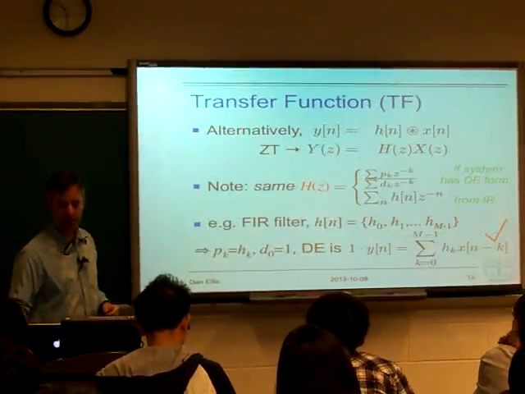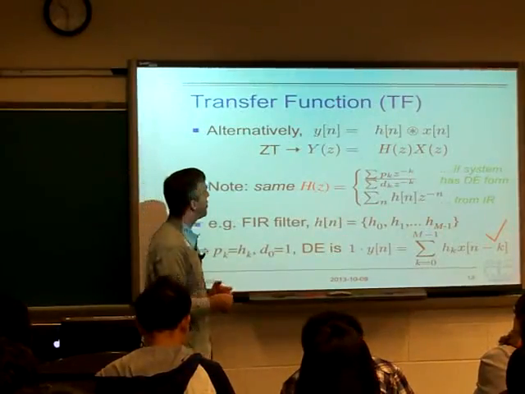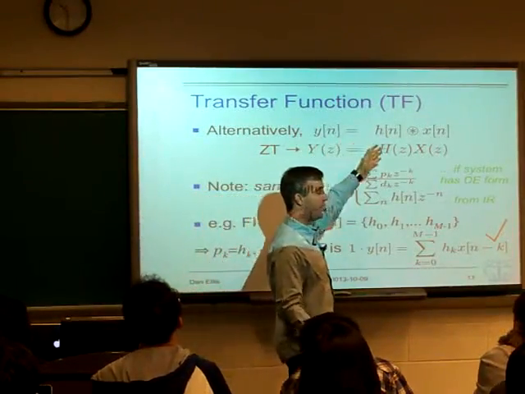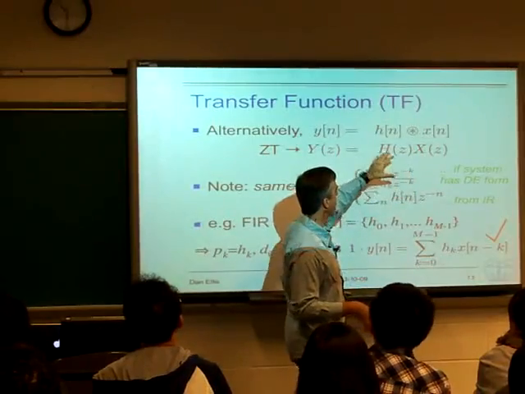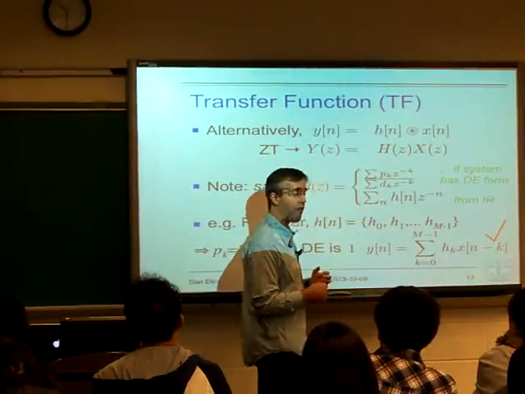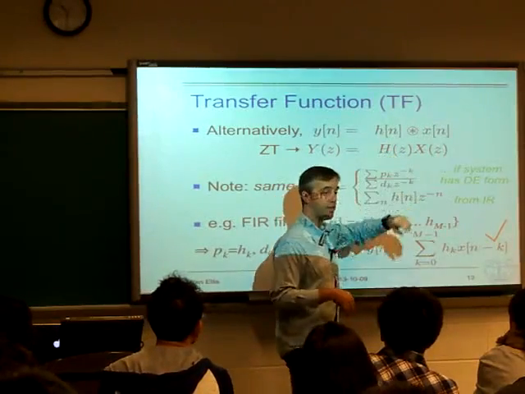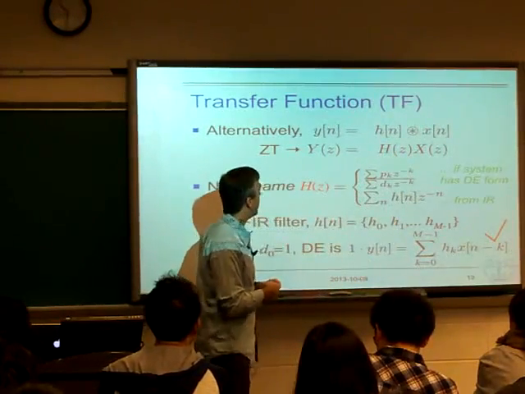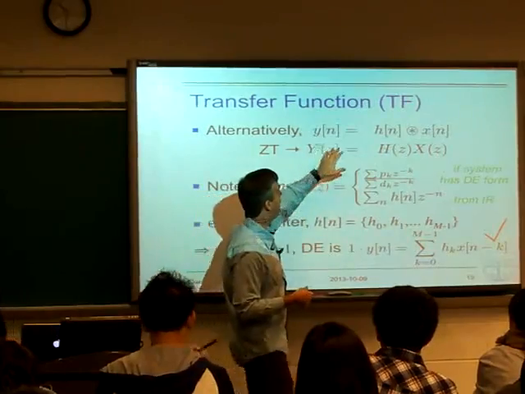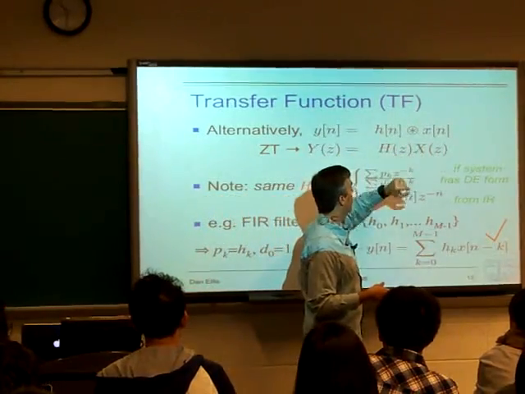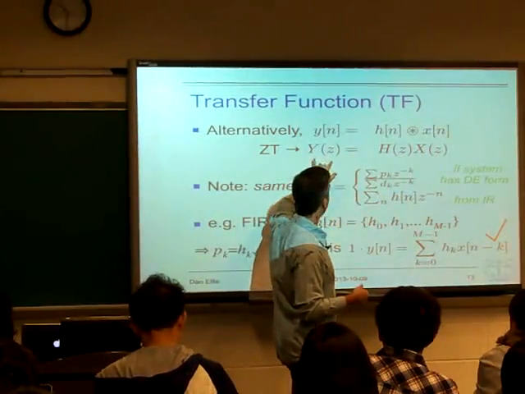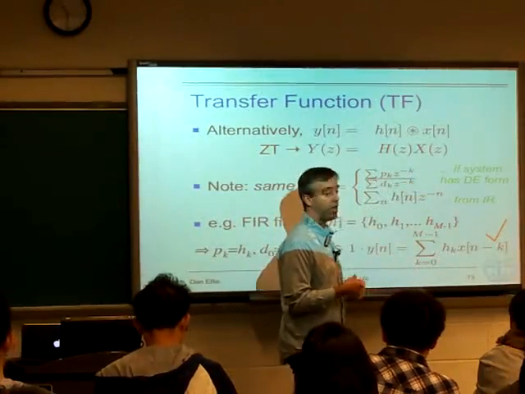This expression looks familiar because, when we were doing the z-transform, the whole point was that it was inheriting this property of the Fourier transform that convolution in the time domain becomes multiplication in the transform domain. So if we have y of n is x of n convolved with some impulse response h of n, then we have Y of z equals H of z X of z.